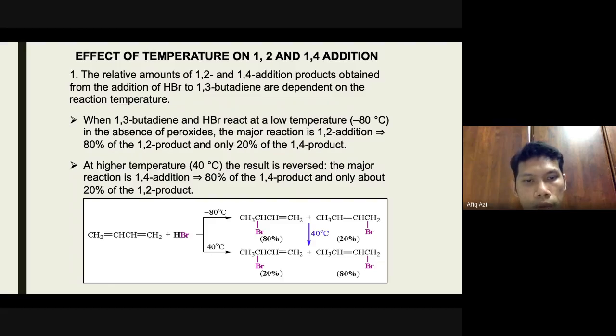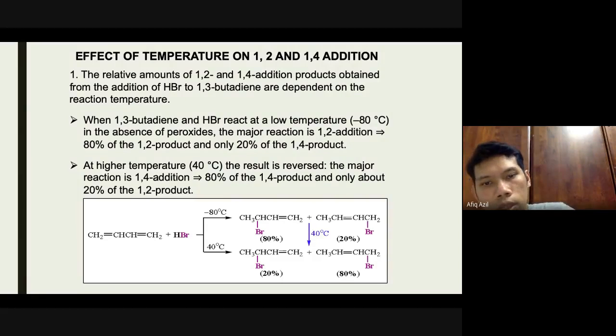So let's say you have this 1,3-butadiene, position number 1, position number 3, two double bonds, and HBr react at low temperature, which is negative 80 degrees Celsius, in the absence of peroxide. The major product formed will be the 1,2 addition, which is this one. Carbon number 2 and carbon number 1, H here and also Br over here.